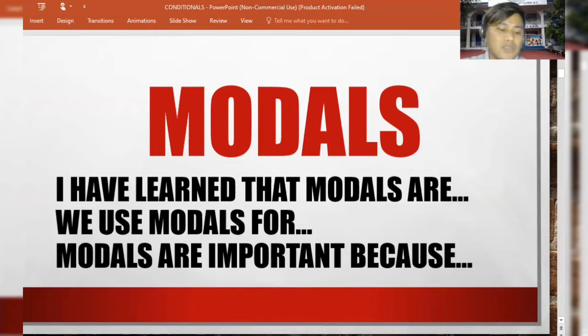So let me just read a reflection. Okay, let me just read the reflection of one of your classmates about modals. According to her, she has learned that modals are auxiliary or helping verbs. They may be used in expressing permission, obligation, and prohibition.